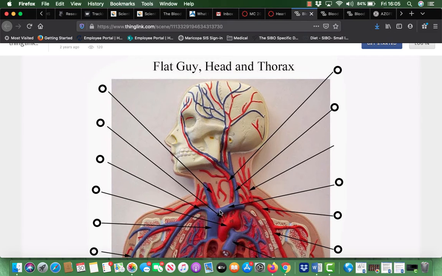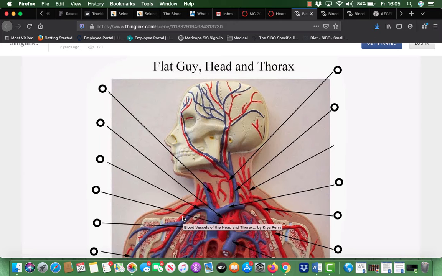So if you already know that you've got the left common carotid and left subclavian, this brachiocephalic is just going to branch into the right common carotid and the right subclavian artery. Okay, so hopefully that will help you with some of those upper arteries. I think it's easier to memorize them in groups like that.